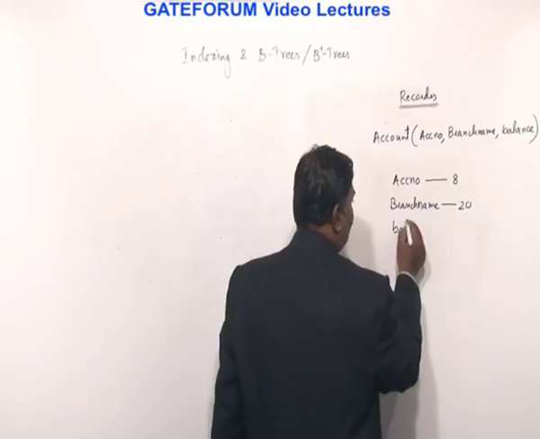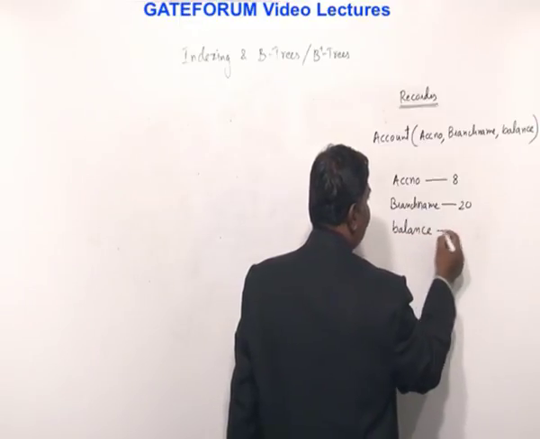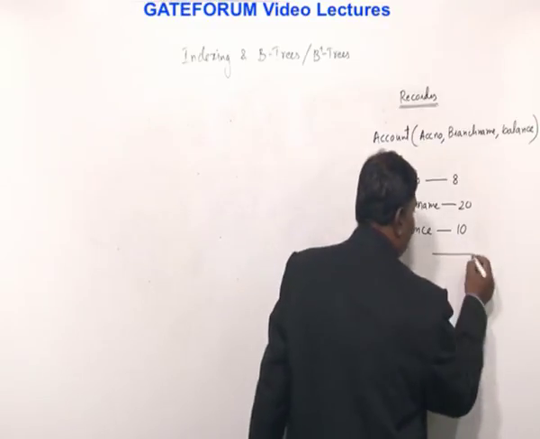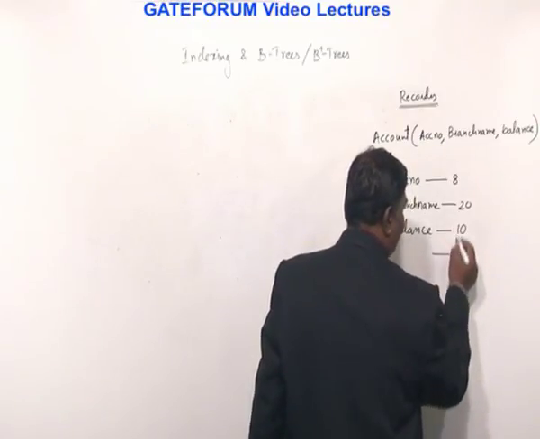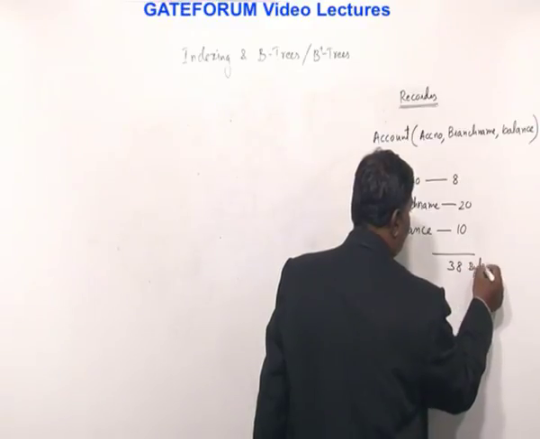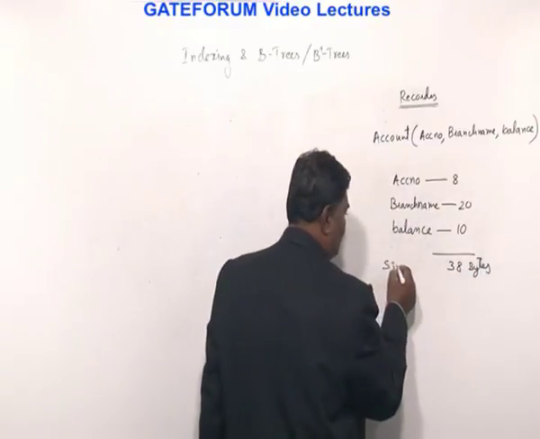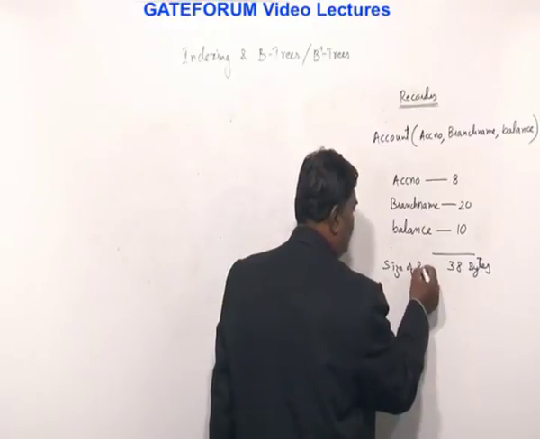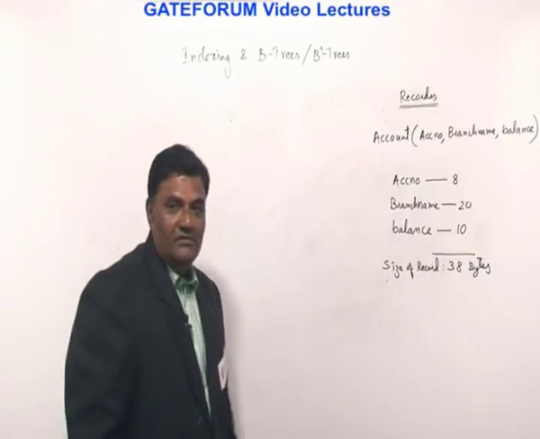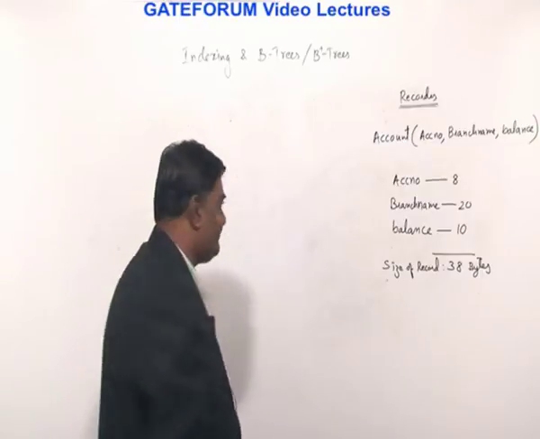And balance is taking 10 bytes. So what is the size of each record? Size of each record is 38 bytes. Size of record is 38 bytes.